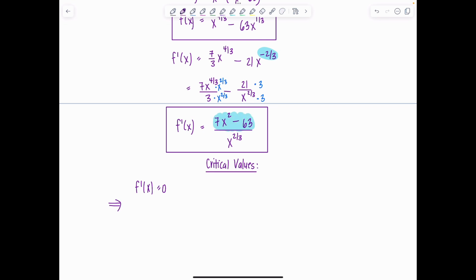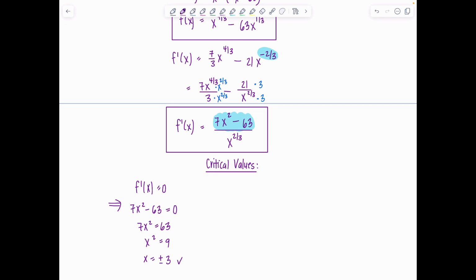So that happens when 7x squared minus 63 is 0. Okay, that means 7x squared is 63, x squared is 9, so plus or minus 3. Are those critical values? Are they in the domain? Yes, my domain is all real numbers, so we're good.